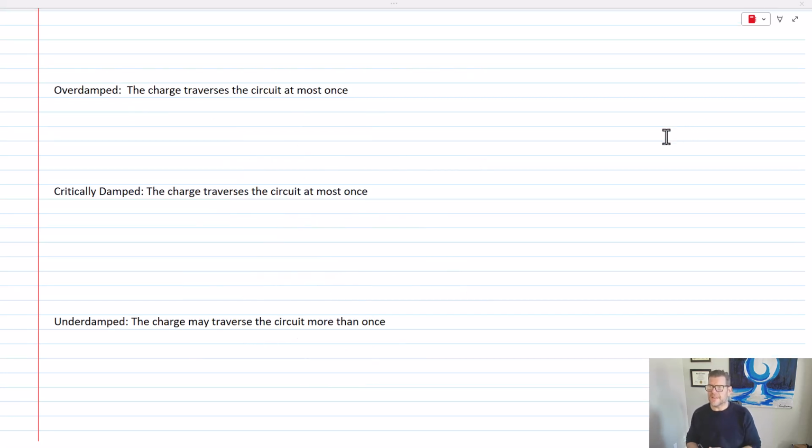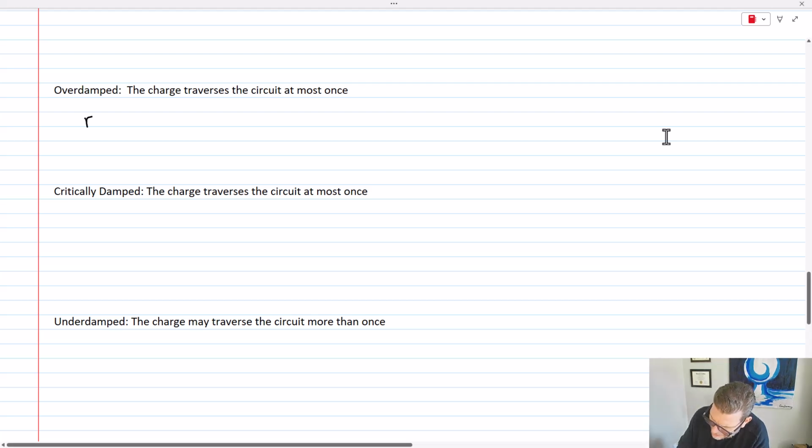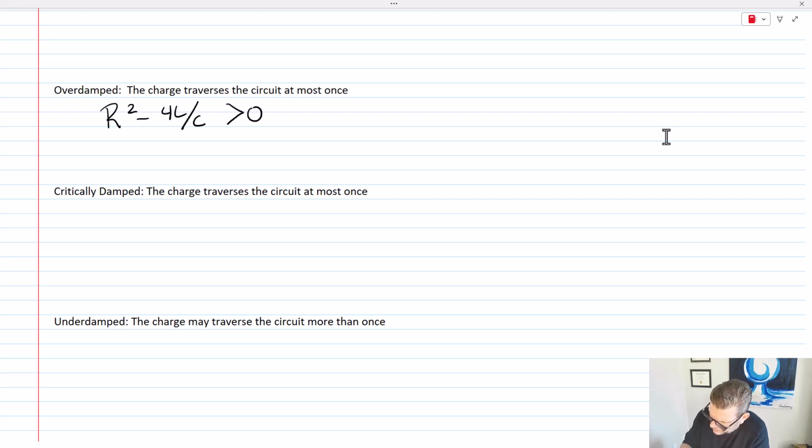We'll start with the concept that we have an overdamped circuit. An overdamped circuit actually tells me that the discriminant there, R squared minus 4L over C, is going to be greater than 0. So that means that we have 2 distinct real roots.